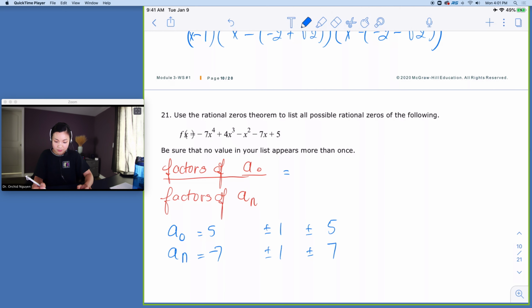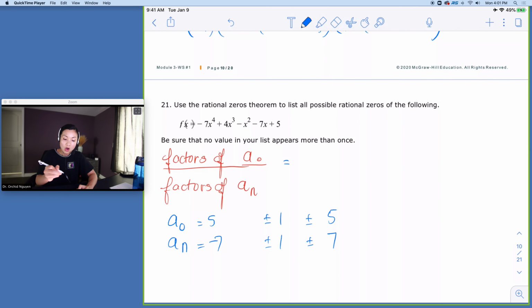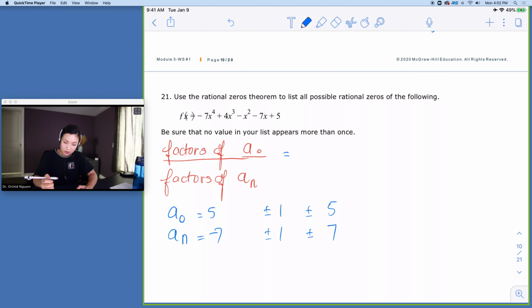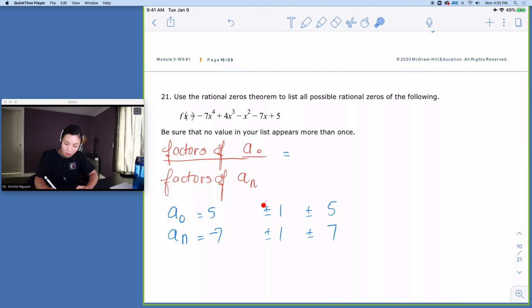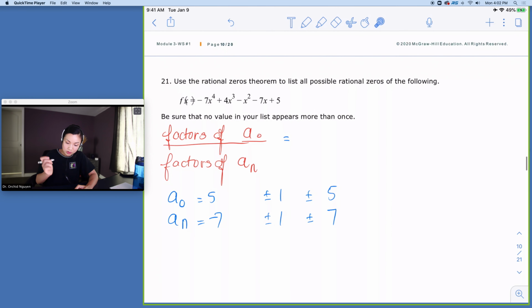Now, all we have to do is pair them up, right? So I have the factor of a naught over the factor of an. I'm going to do the easy one first. So I get plus and minus 1 over plus and minus 1, so that's 1.